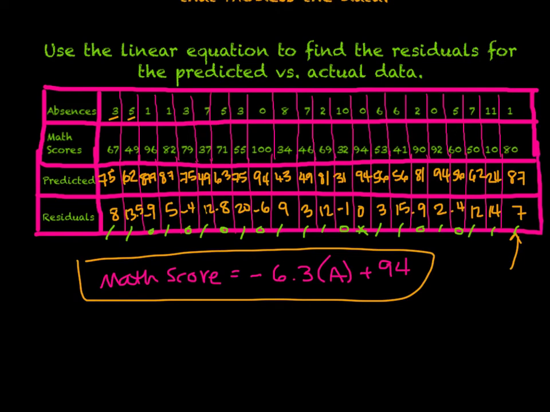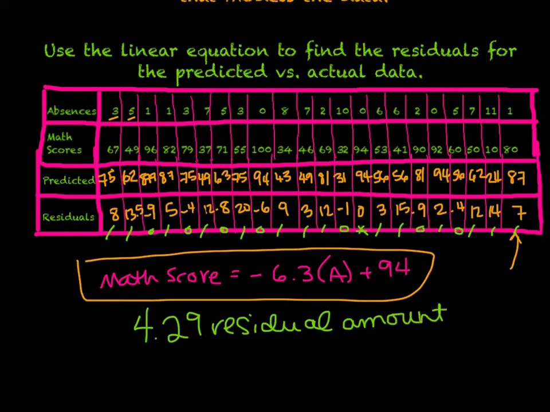But I can say, based on all of this data, if I were to look at my residuals, on average we have a 4.29 residual amount. Essentially, I took all of these residuals, added them up, and divided by the number of numbers.